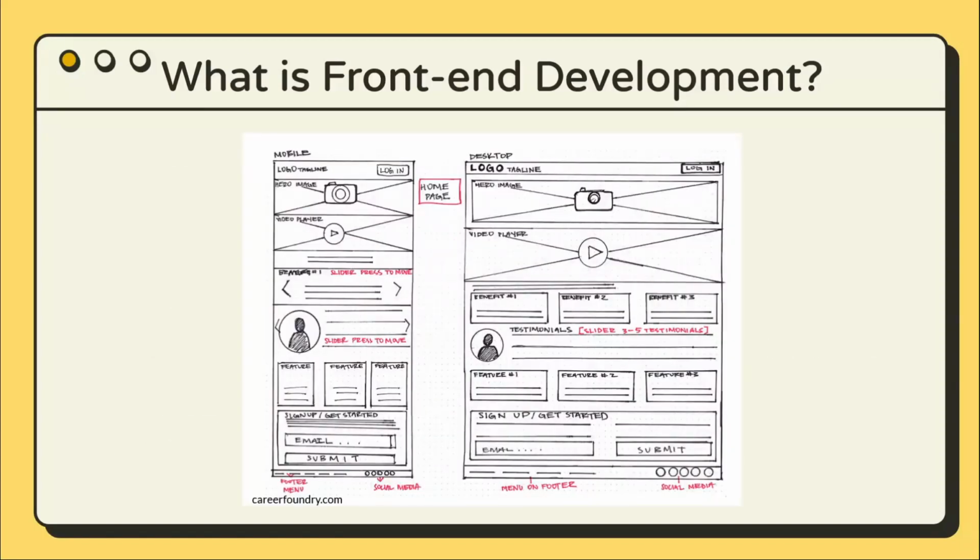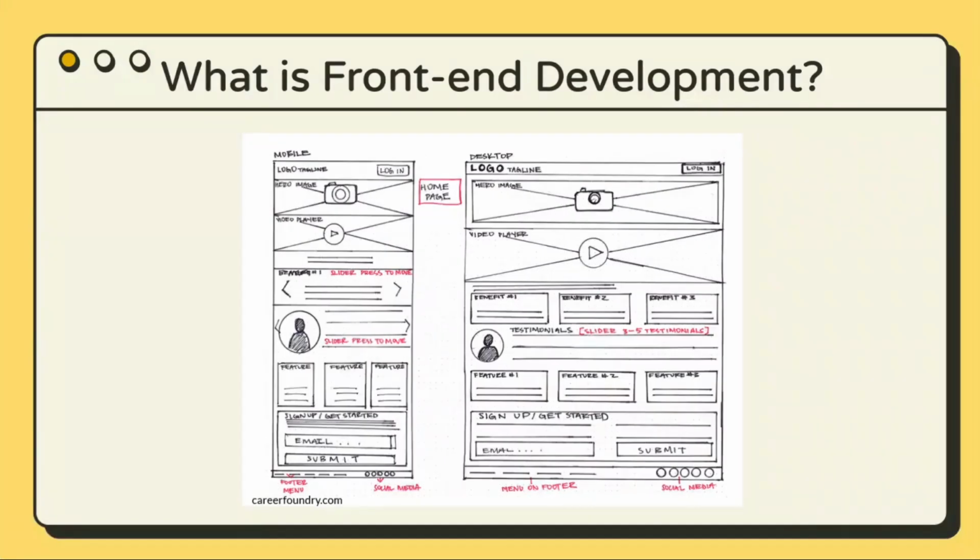And this is what's called a wireframe. This is a style tool used in web development that is one of the first steps of visualizing what you want your website to look like. And it helps determine functionality, and it helps then create styles later on.